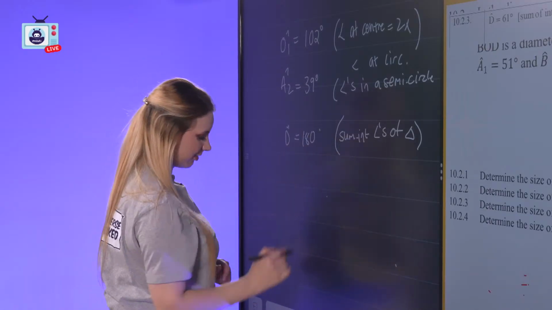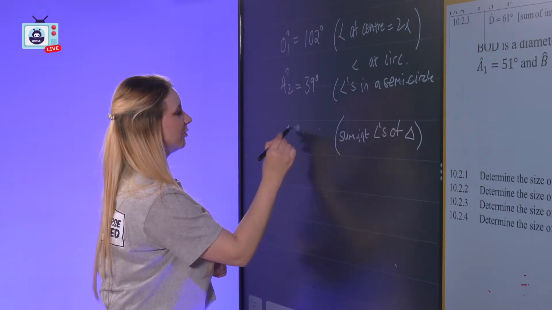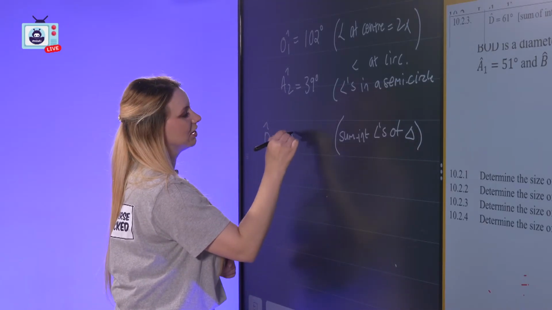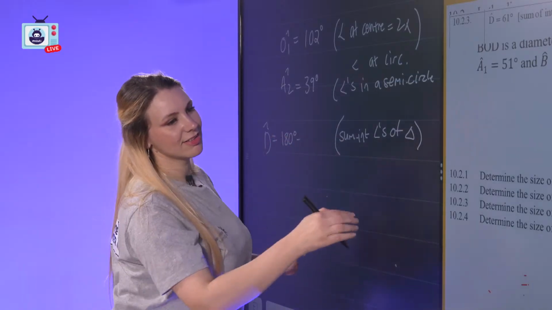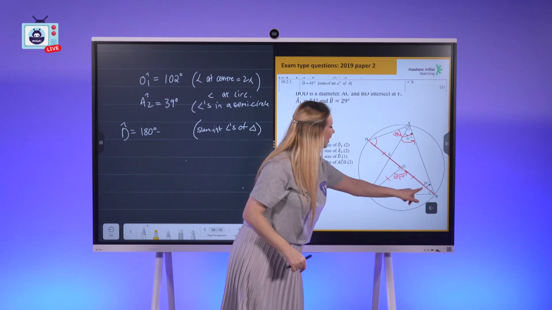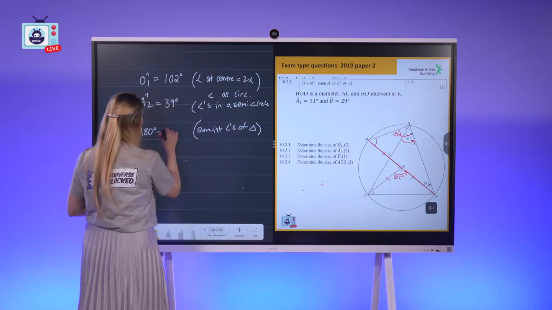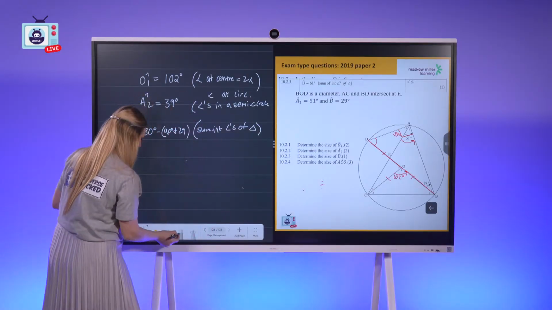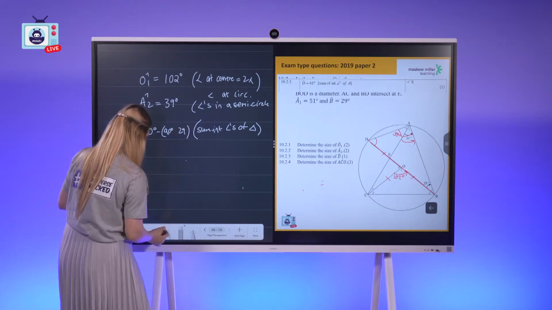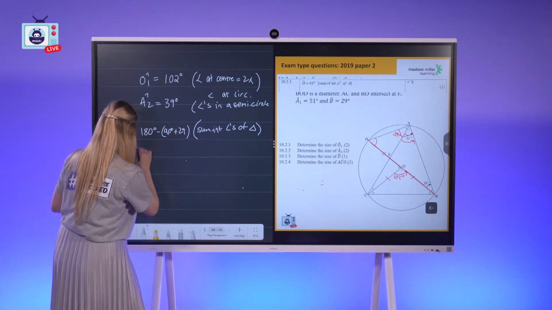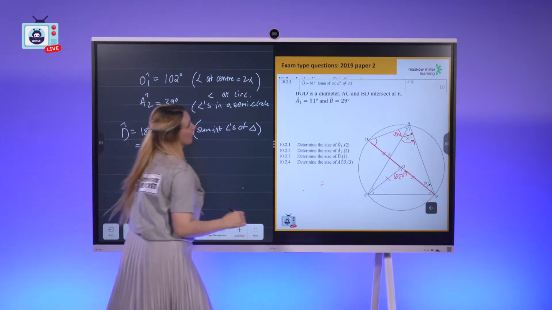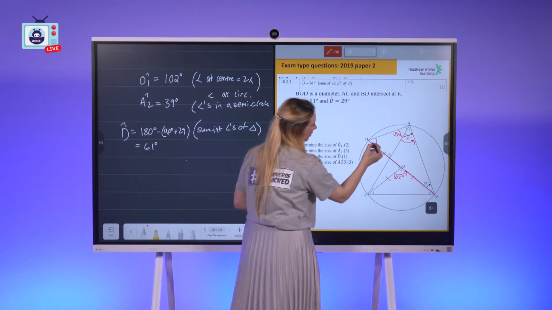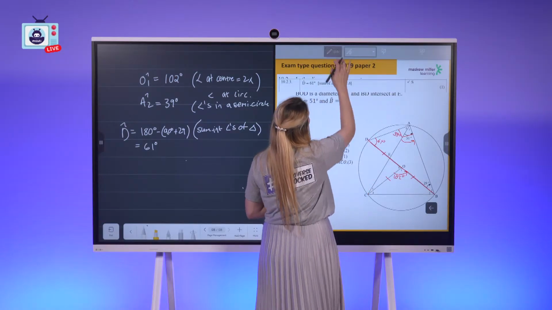D equals 180 degrees minus, let's say that is 90 and that's 29. So minus 90 plus 29, right? That will give us our answer of 61 degrees. Let us put that on our board. So that is 61 degrees over there.